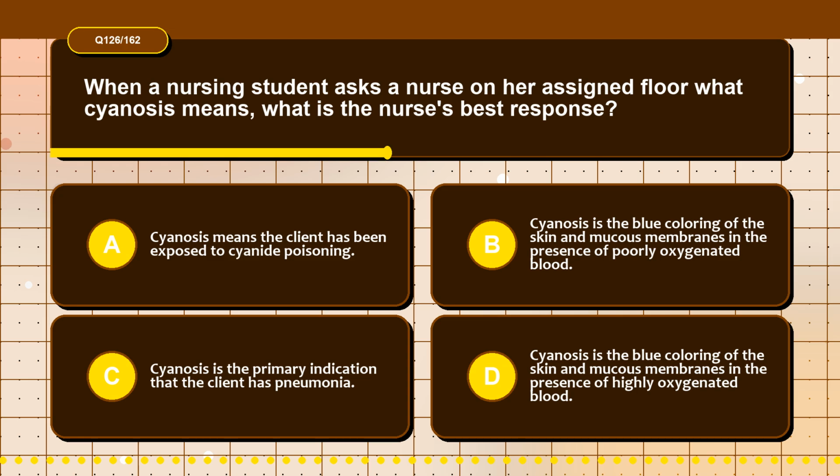Option B. Cyanosis is the blue coloring of the skin and mucous membranes in the presence of poorly oxygenated blood. Option C. Cyanosis is the primary indication that the client has pneumonia. Option D. Cyanosis is the blue coloring of the skin and mucous membranes in the presence of highly oxygenated blood.